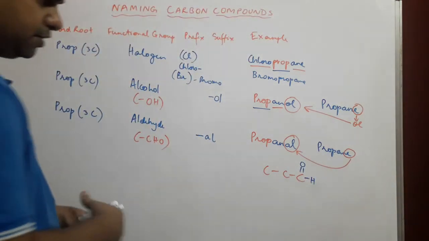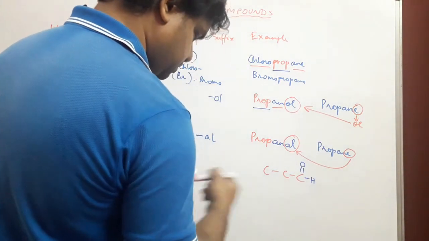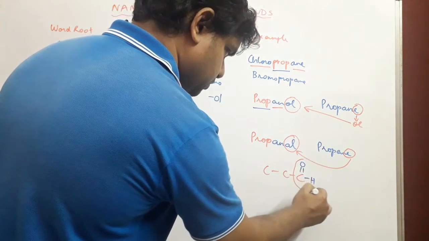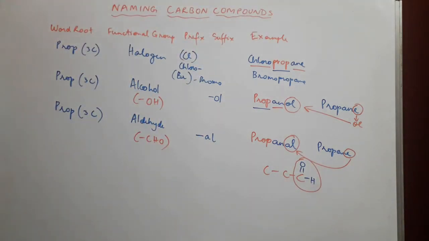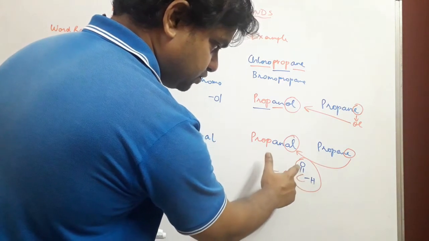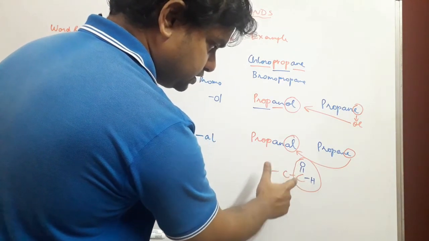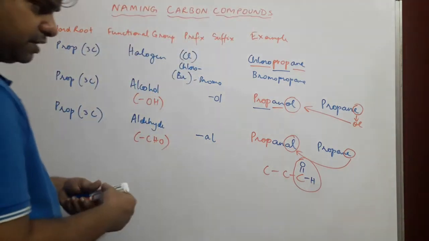This is your aldehyde group, CHO. That is how it looks. Now in case of this carbon atom, we see that the valence is satisfied because there are two bonds with oxygen, one bond with carbon and one bond with hydrogen. So nothing more over there.